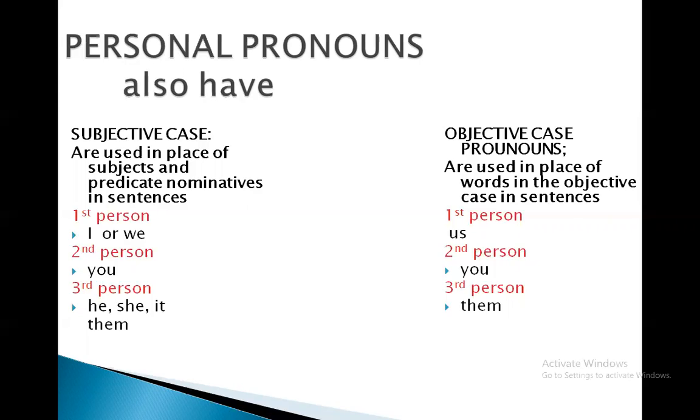And here subjective case means the pronouns which are used in place of subjects and predicate nominative in sentences.